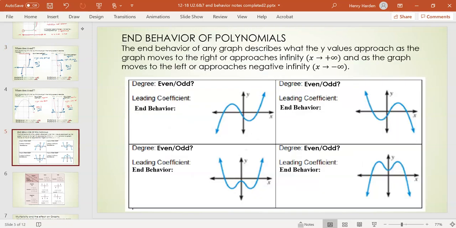All right, so I've got this little graphic here to try to organize that thought. If I look at this graph, I see that the arrows point in opposite directions. This side's up and this side's down. So this lets me know it's odd. Arrows point opposite.